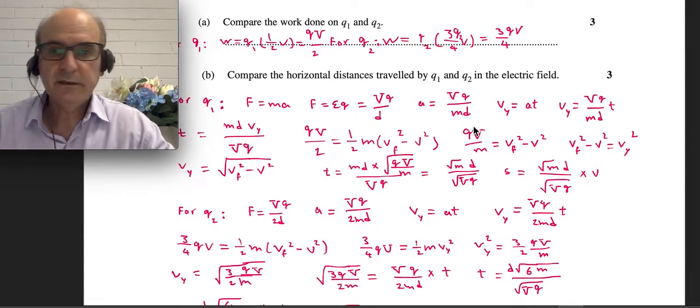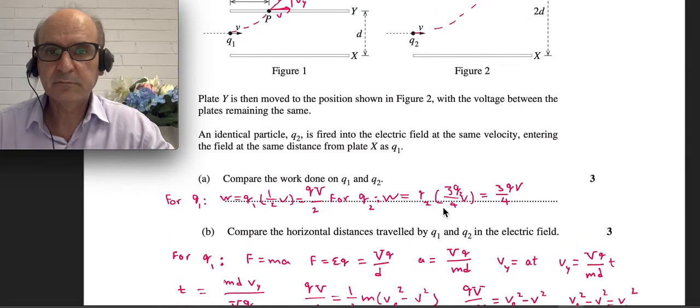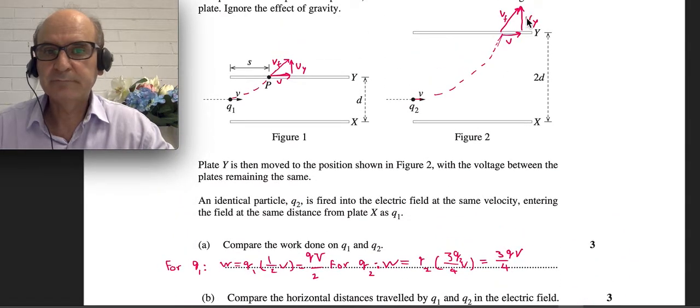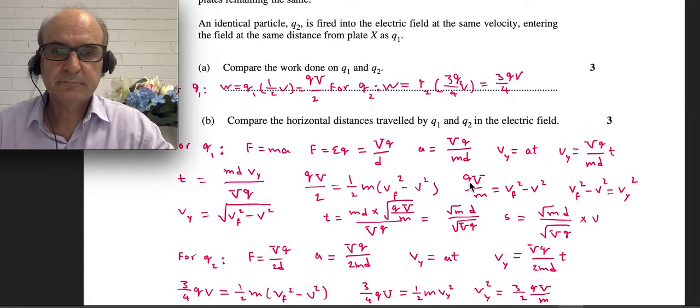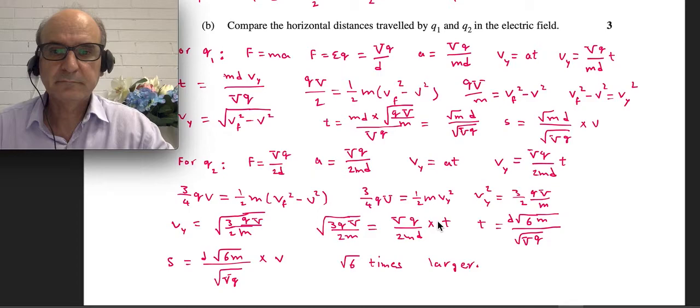Again, the same procedure, Vy is equal to At. This time we are talking about this Vy. Vy equal to At, and A is VQ over 2md, times t.